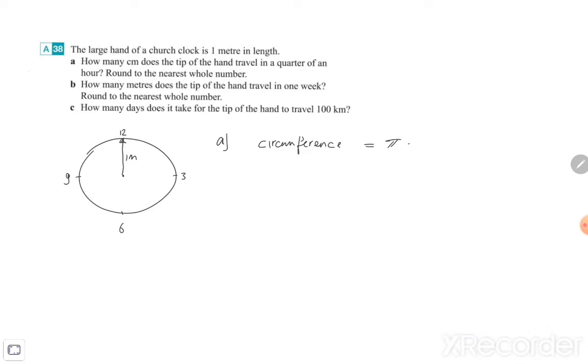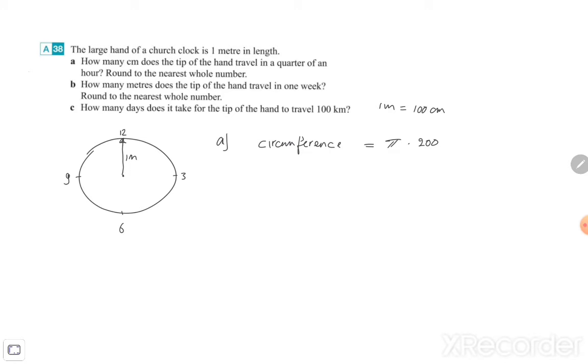So pi times 200. Why 200? Because 1 meter is exactly the same as 100 centimeters, but that was the radius, so we need the diameter of my circle. So pi times 200, because then we immediately have the answer in centimeters.